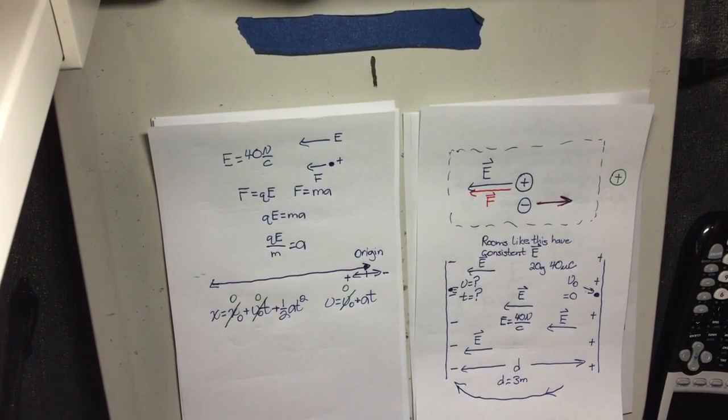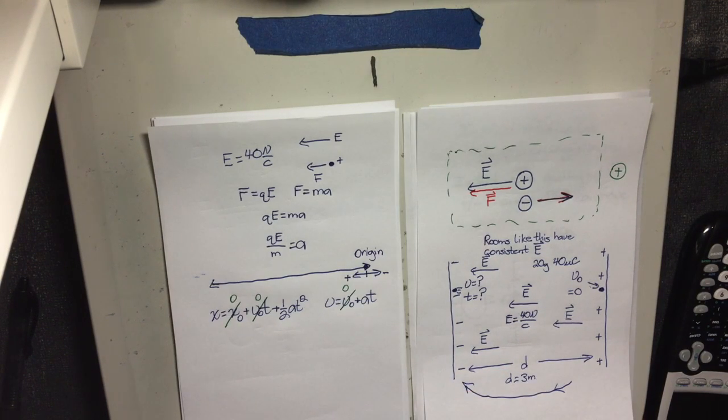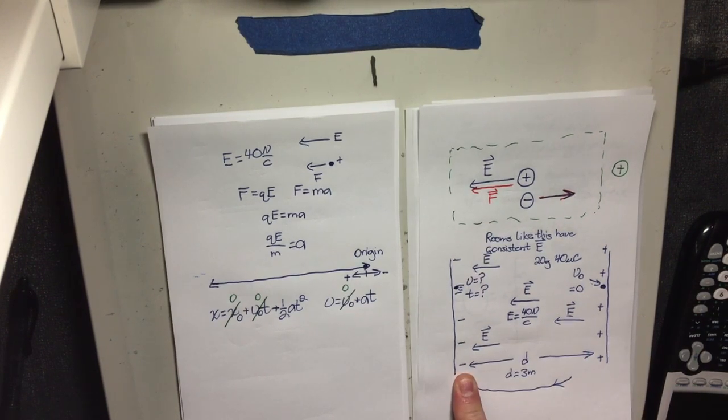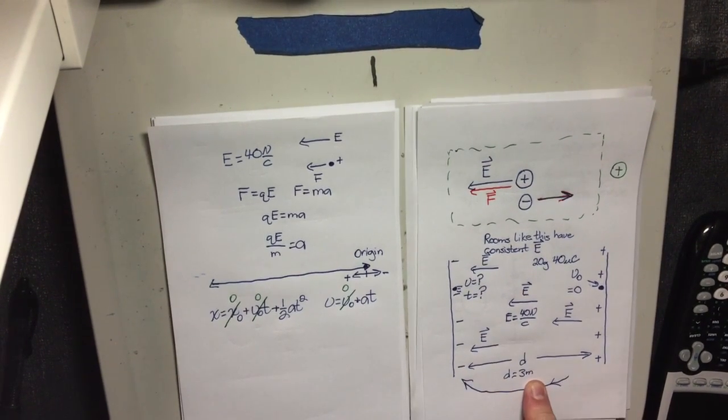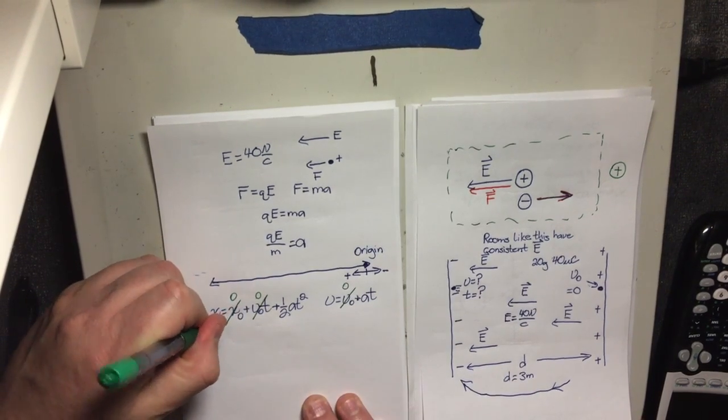I said over here that the initial velocity was 0. That would be something I'd have to give to you. Do I know the final position? Yes. The final position is at the other end of the capacitor, which is 3 meters across.